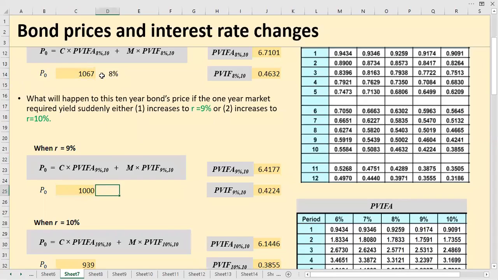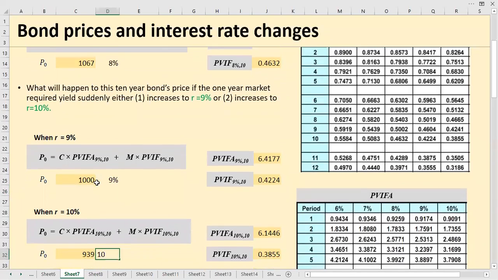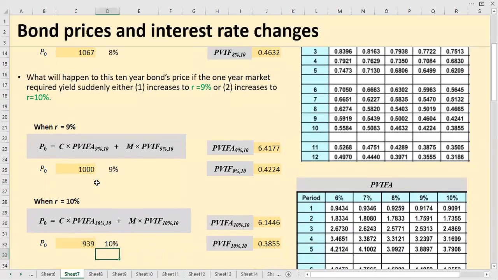When the required rate of return is 9%, the value of the bond was 1,000. When the required rate of return is 10%, the value of the bond was 939. Can anyone see any relationship between these two variables, required rate of return and price of the bond? Can someone explain what the relationship between these two is by looking at these calculations? Anything interesting?